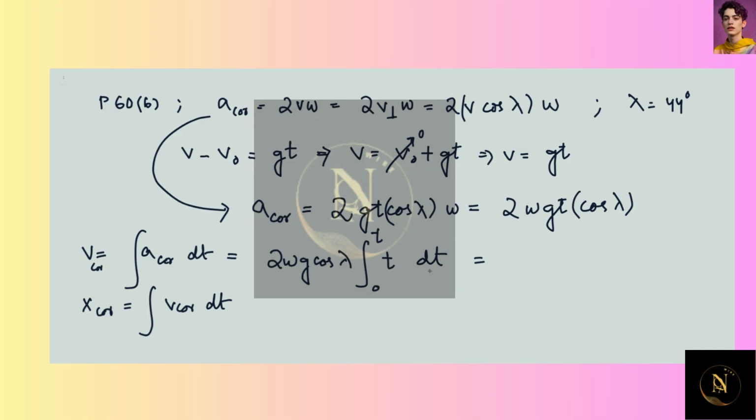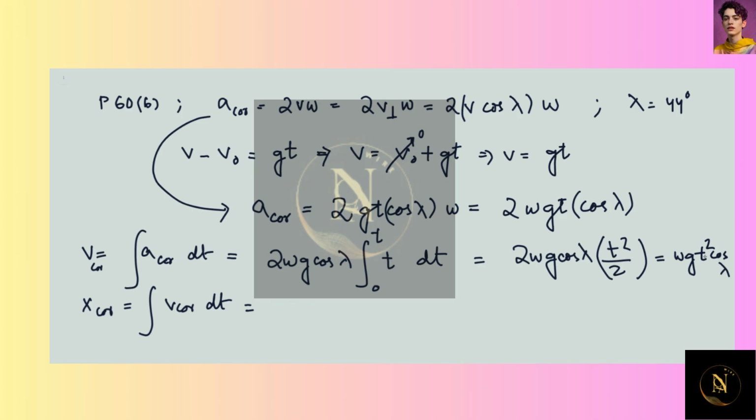So now we can integrate and we get the expression to be t squared over 2, times cos lambda.